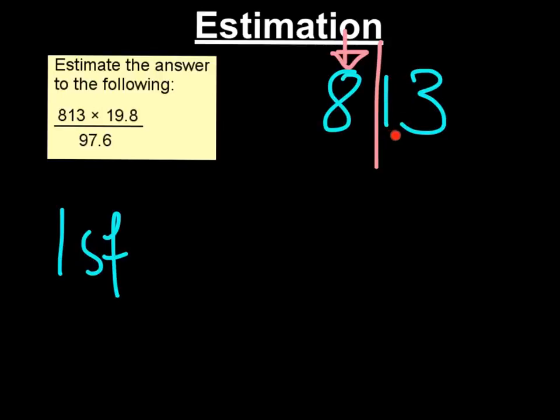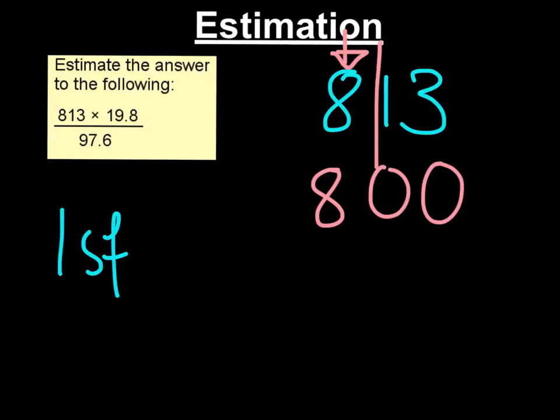Now if this number here is 5 or above, then the 8 is going to round up to a 9. Now in our example, it's only a 1, so the 8 is going to stay as an 8. Now these numbers can just be represented as zeros. So we've got a 0 there and a 0 there.